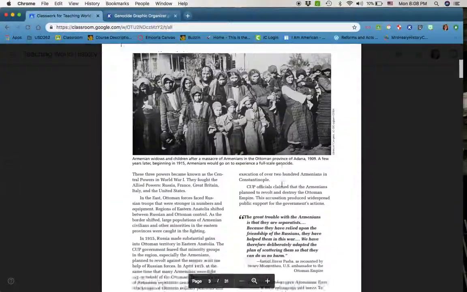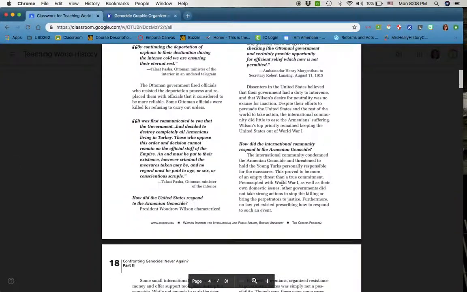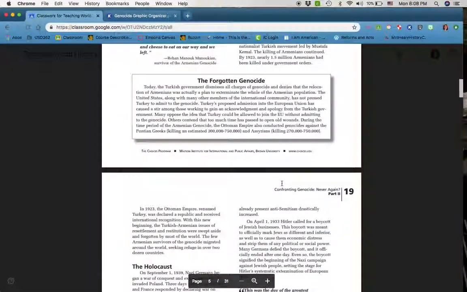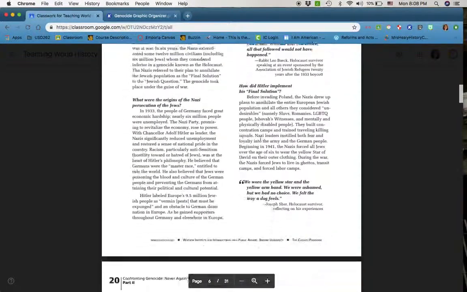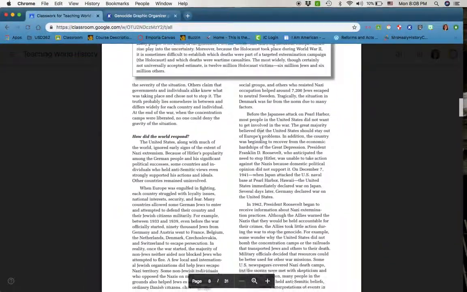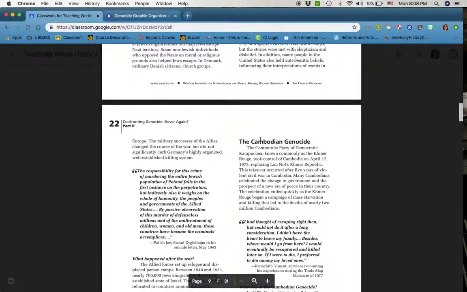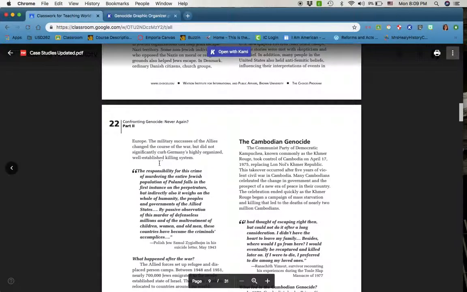And then if you scroll down a little bit further, you can see where the next one changes as well. There's the Holocaust, and then after the Holocaust, you have the Cambodian genocide, and it just goes through the other ones like the Sudanese genocide, the Bosnian genocide, and also the Rwandan genocide. So you'll have those as you go through. That's where you get your information.